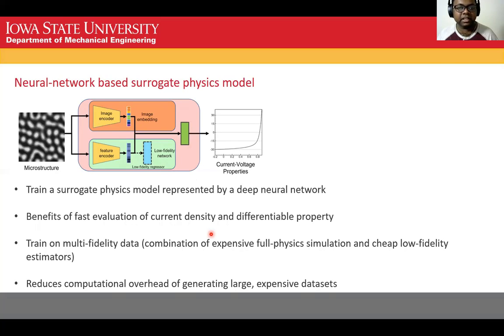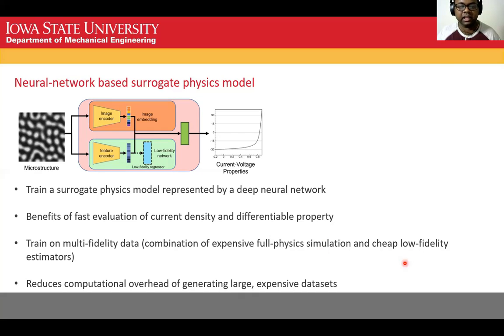So instead of using a lot of expensive data, we use a multi-fidelity model, where we use a lot of cheaply available low fidelity estimators and very few expensive full physics simulations. Just to give an overview, generating a full physics simulation annotation takes about an hour, whereas low fidelity estimators, which represent the quality of a short circuit current, can be obtained at very low cost, say less than a minute per microstructure.